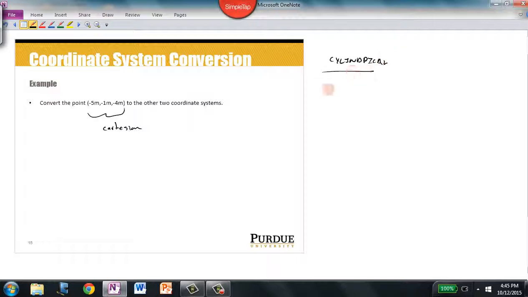So rho, as we saw from the previous slides, is equal to the square root of x squared plus y squared. So that's -5 squared plus -1 squared, the square root of 26.